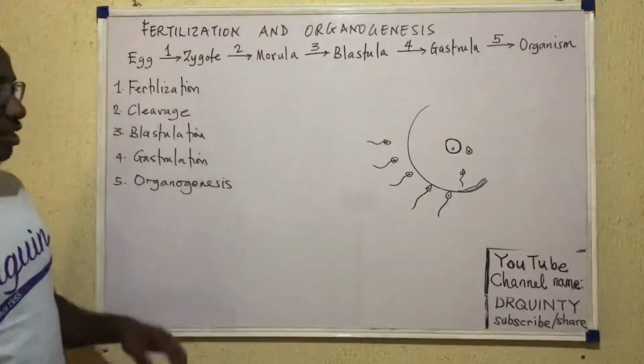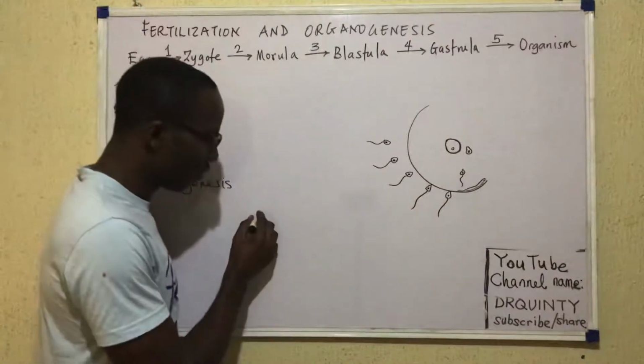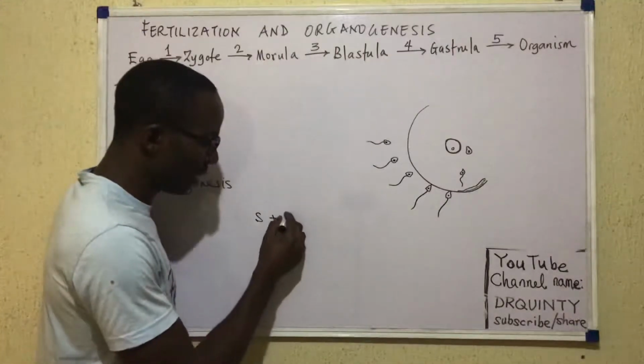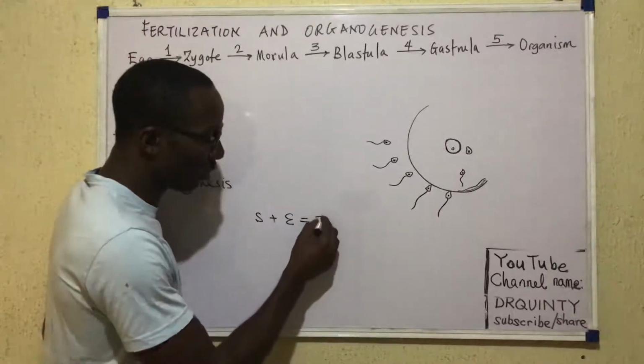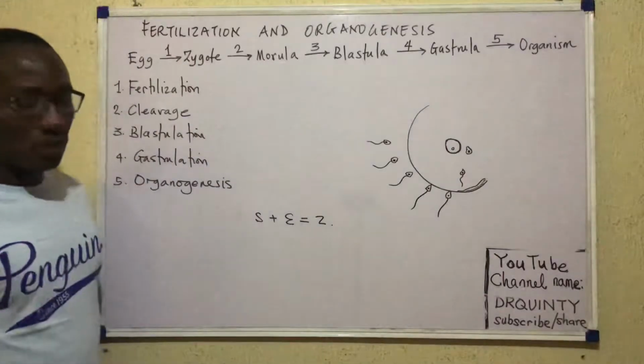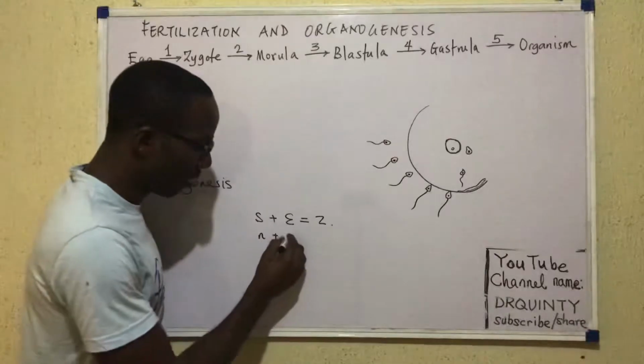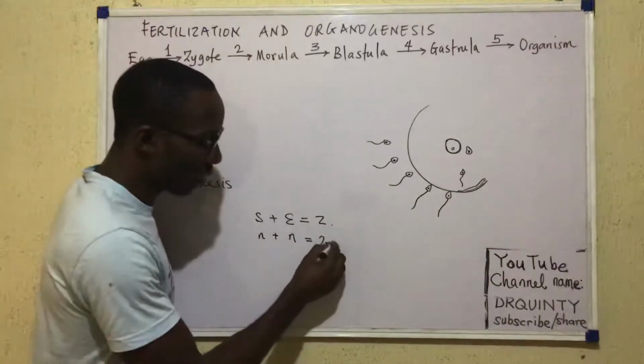Now, this fertilization involves the sperm coming to fuse with the egg to form a zygote. So it means that n combines with n to give 2n.